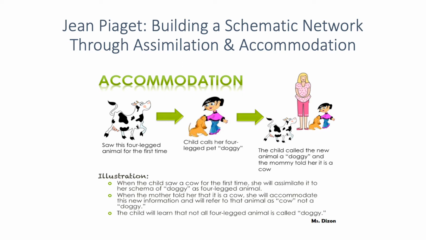Now, eventually, these accommodations, these equilibrations, are going to work out to be broader schematic networks, like the category of things that are, for example, farm animals, which may not have exactly the same traits, but involve deeper variables like what does it do or where do you find it. So a chicken, a cow, a horse, a pig might all be in one schema of a broader category called farm animals.